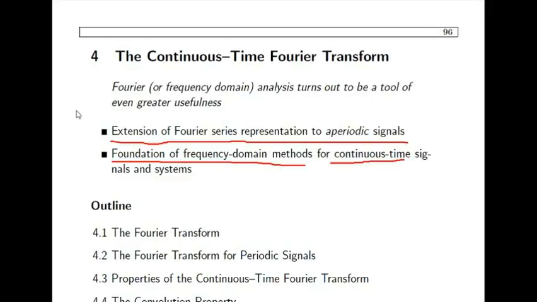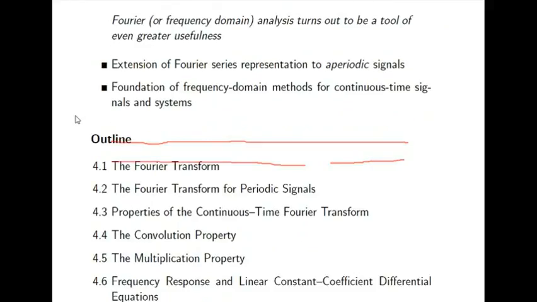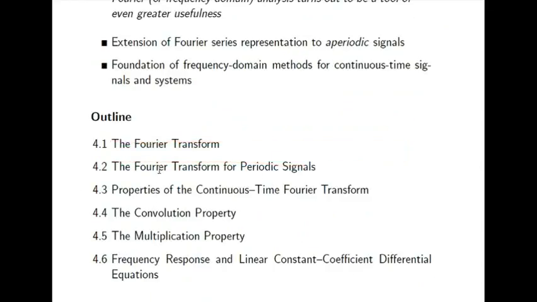So now let's see what we'll cover in this unit. So the first thing is what is Fourier transform for aperiodic signals. Second thing which I'll teach you is Fourier transform for periodic signals. Third thing is properties related with continuous time Fourier transforms, or I'll use CTFT as the abbreviation.